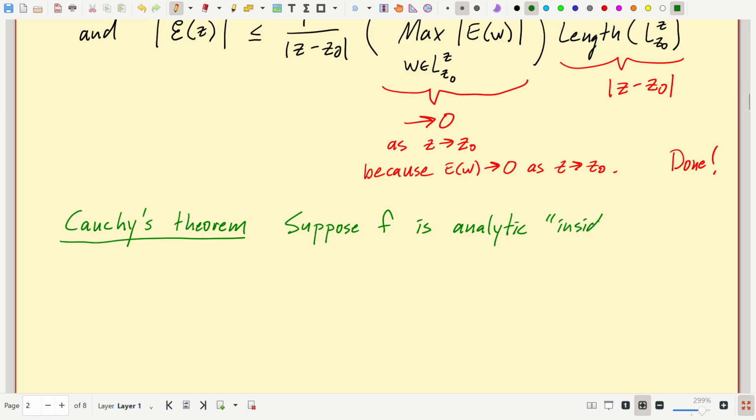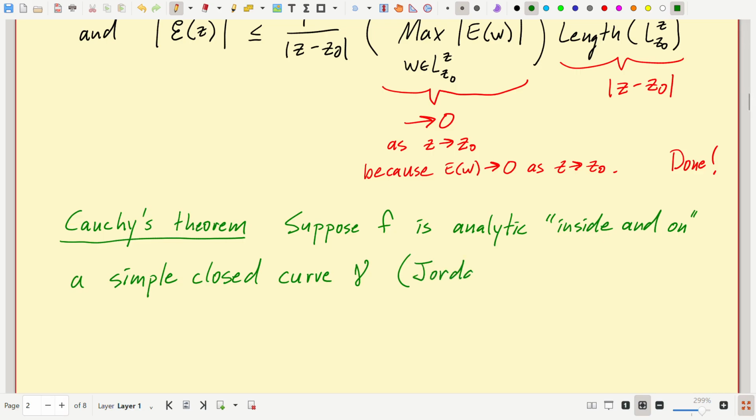Inside and on a simple closed curve. Sometimes those are called Jordan curves. A simple closed curve gamma. Some word for that is a Jordan curve.